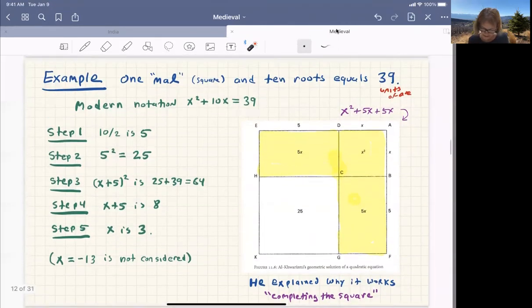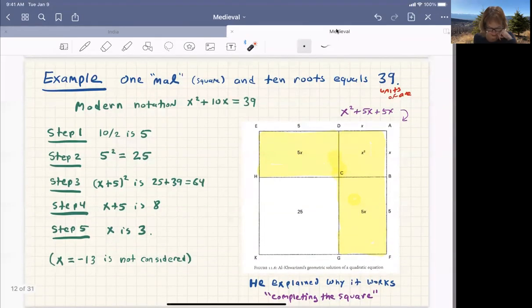So I think this will be the last thing we cover today, but let's just look at an example of actually solving one of these equations according to how Al-Khwarizmi would have done it. So 1 mal, which is a square, and 10 roots, remember a root is the x, equals 39.